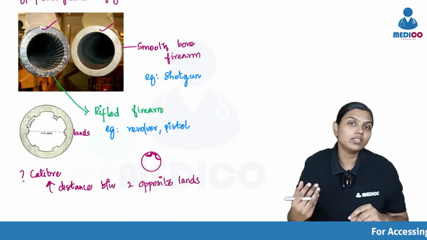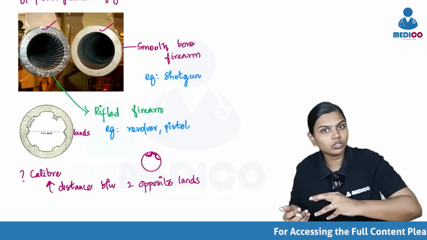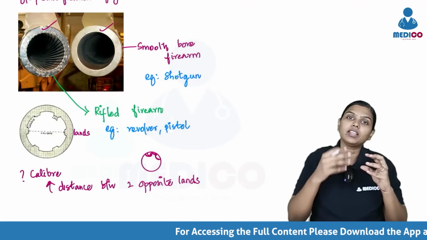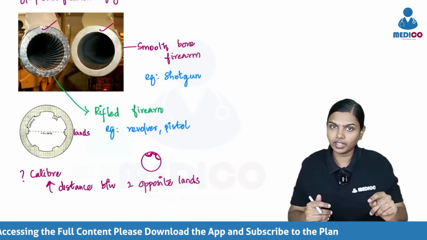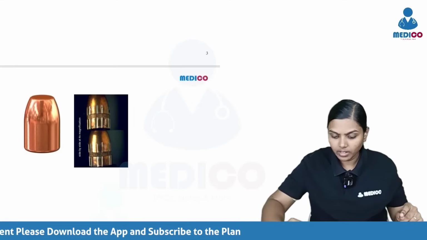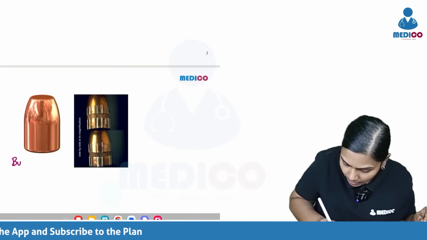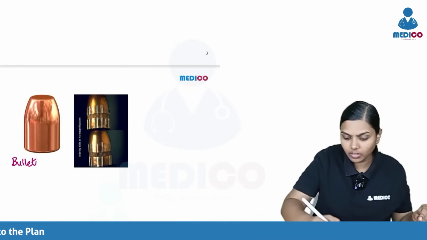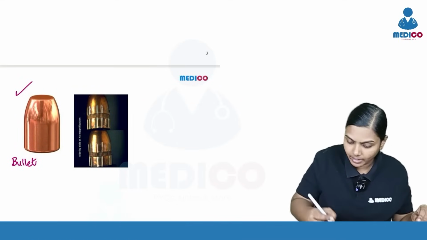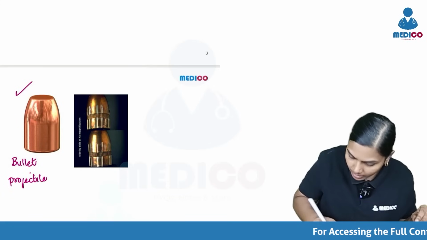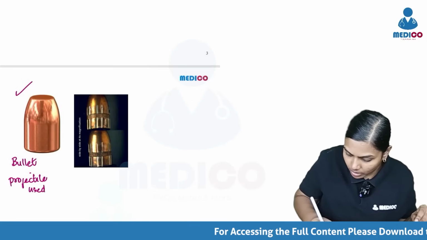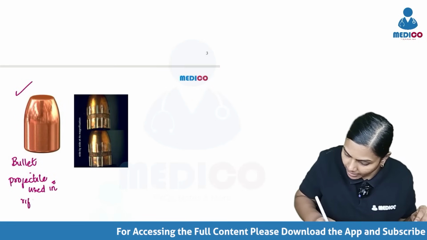So what will happen when the bullet is traveling through the gun? This rifling mark will be seen on the bullet. This is a normal bullet, and this is the projectile that is used in a rifled firearm.